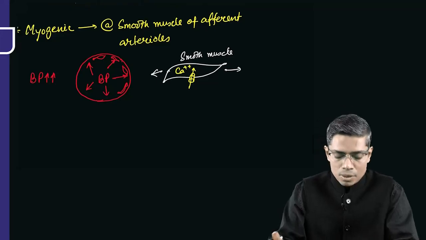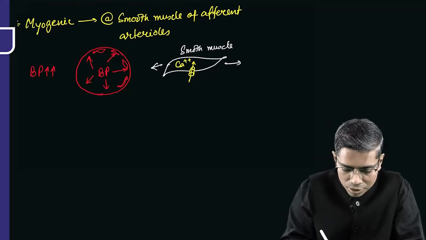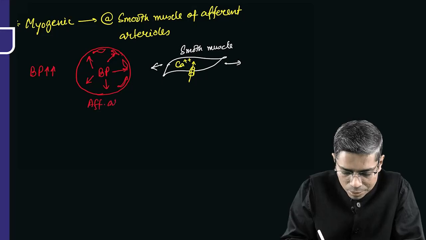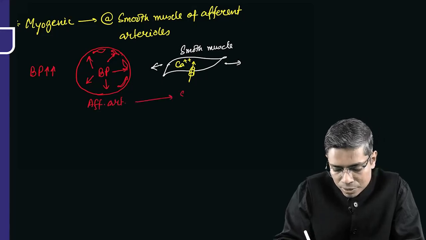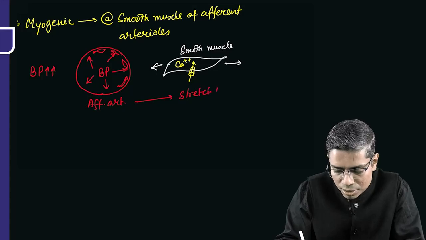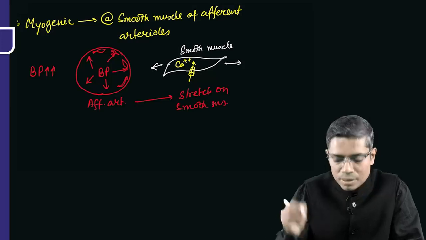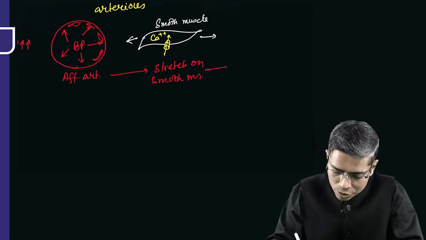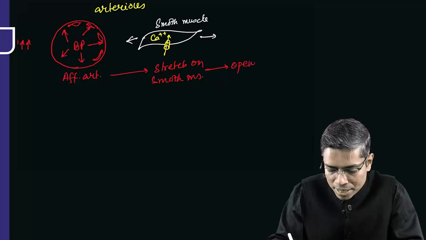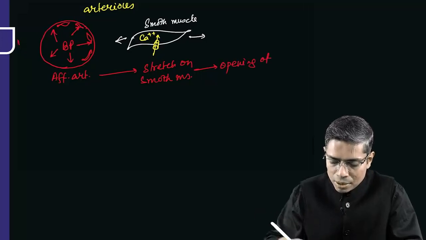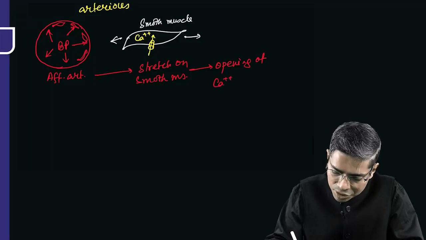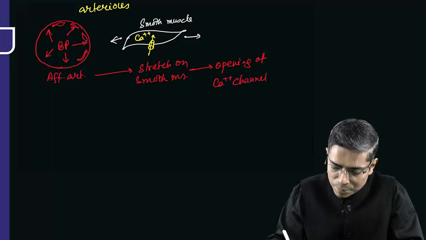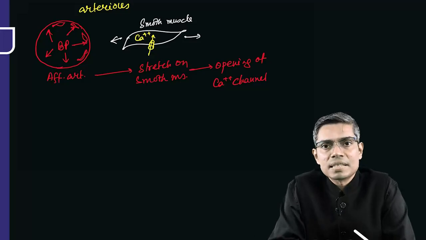So what I am saying is, whenever there is stretch on these afferent arterioles, there will be stretch on the smooth muscles of the afferent arteriole. This stretch will lead to opening of calcium channels on the smooth muscle membrane. This is known as the stretch sensitive calcium channel.